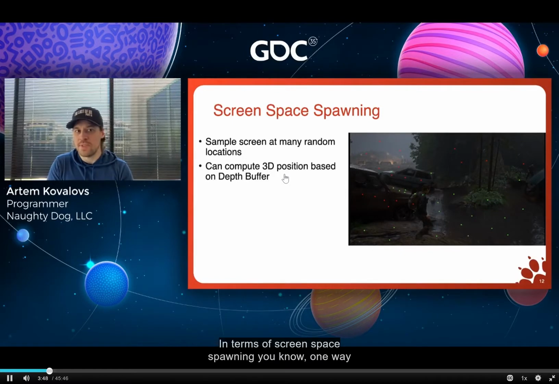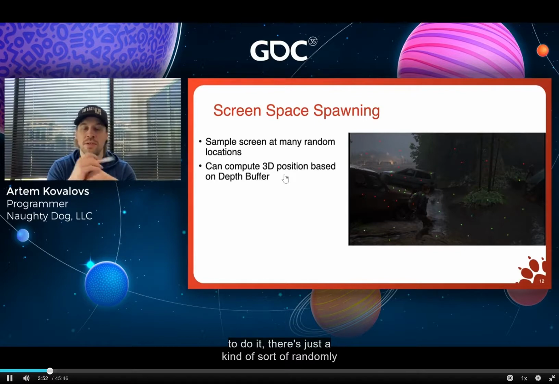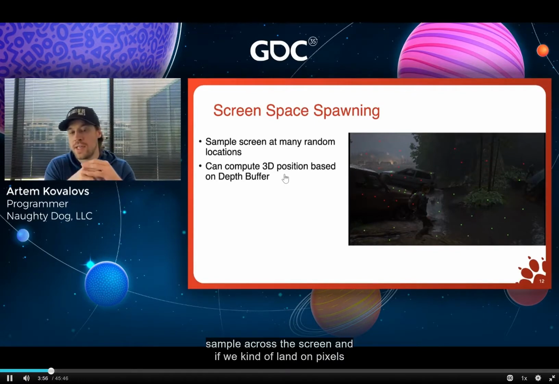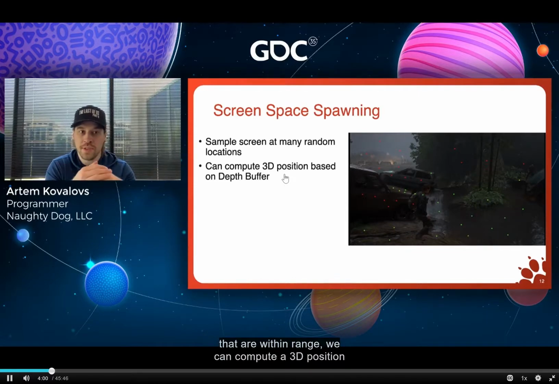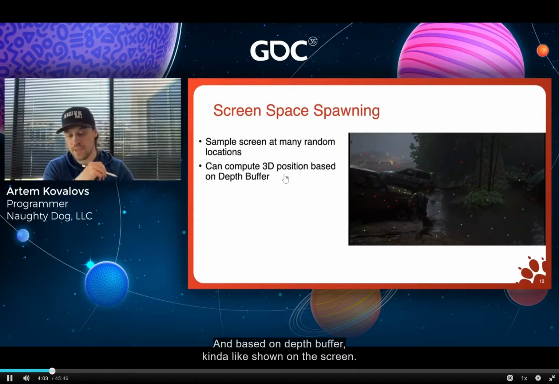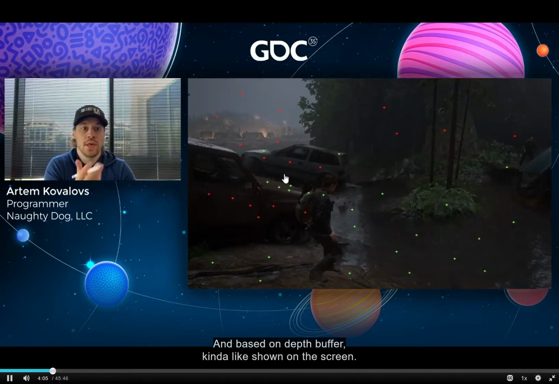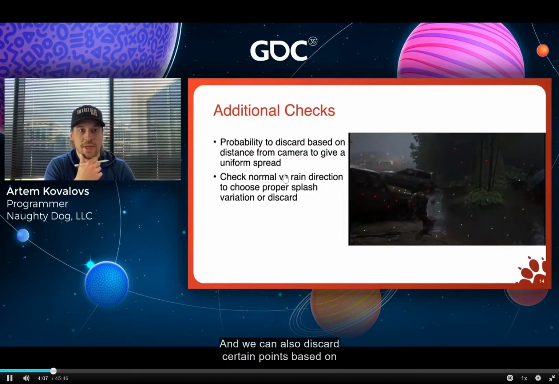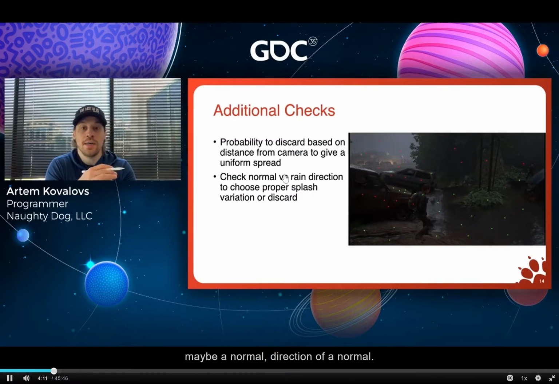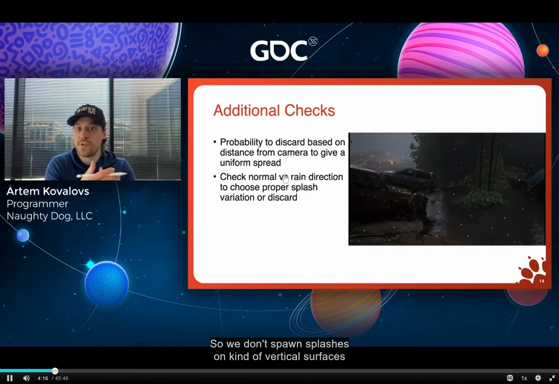In terms of screen space spawning, one way to do it is to pseudo-randomly spawn samples across the screen, and if we land on pixels that are within range, we can compute a 3D position for that based on the depth buffer, as shown on the screen. We can also discard certain points based on the direction of the normal, so we don't spawn splashes on vertical surfaces or surfaces that do not point towards the rain direction.